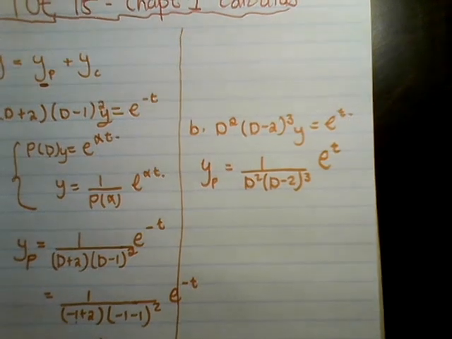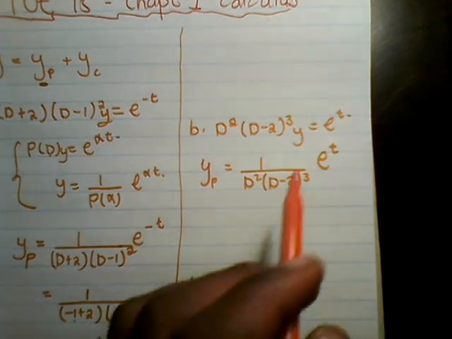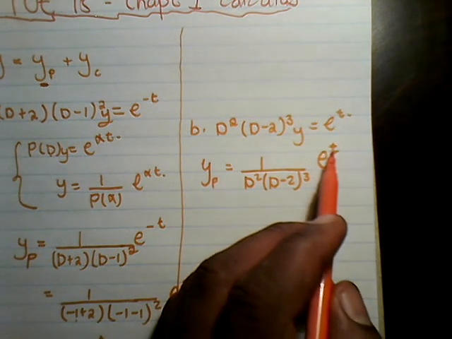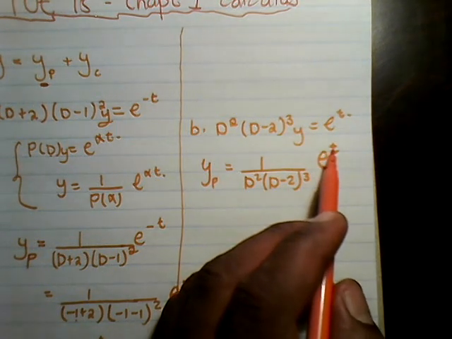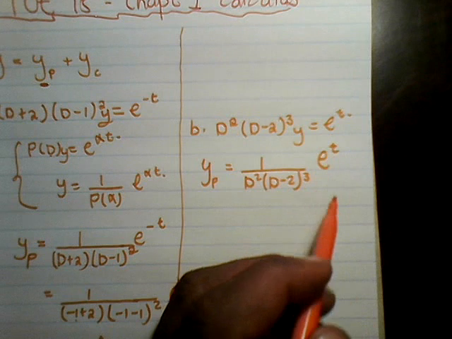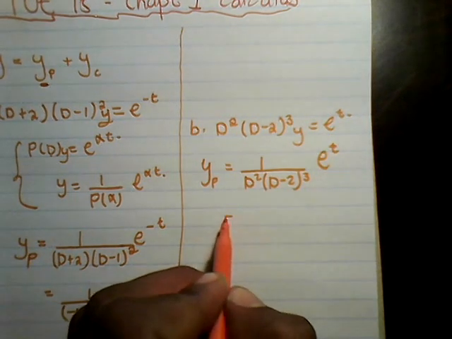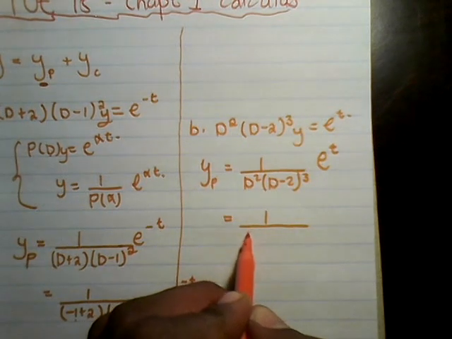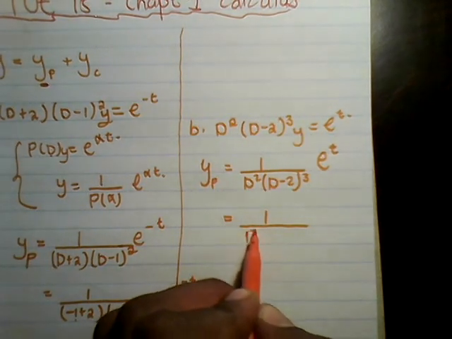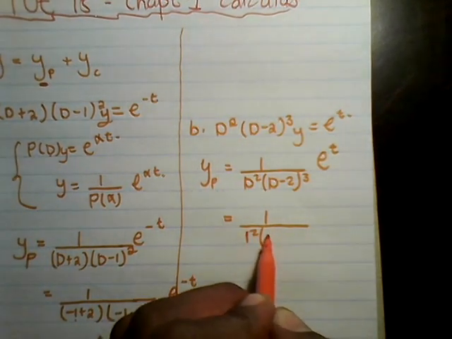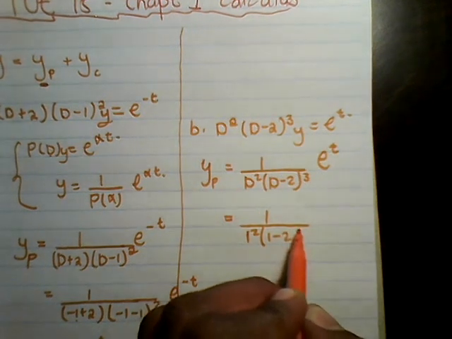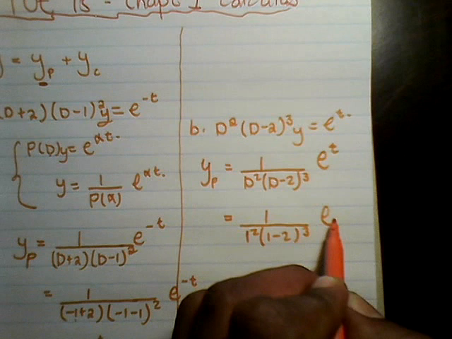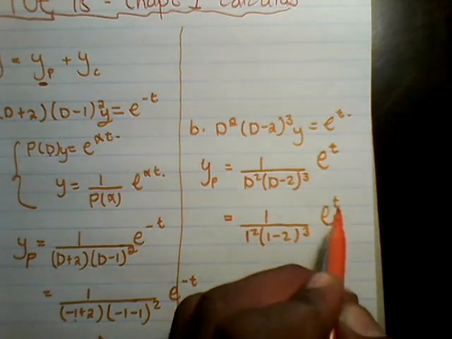When we check this out, we realize that our alpha equals 1. So where there is D, we put 1. So this becomes 1 over 1 squared multiplied by 1 minus 2 cubed, e to the power of t.